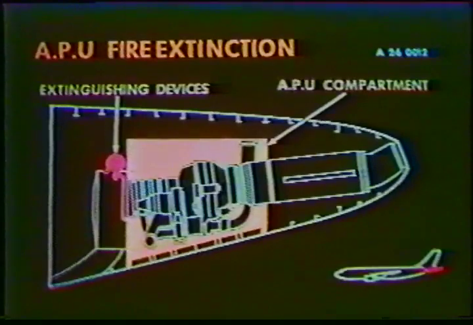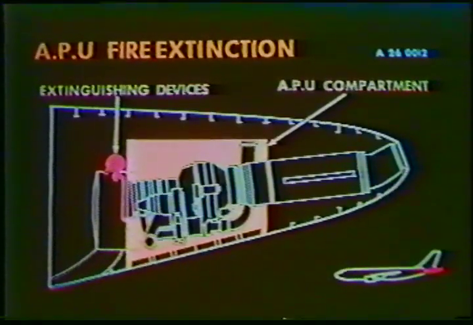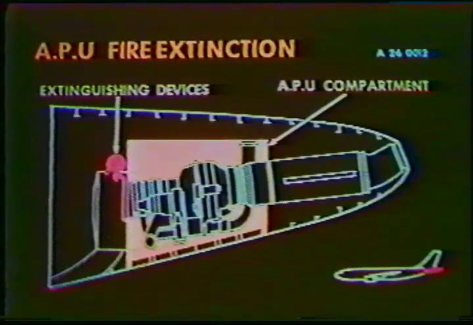After the fire handle is pulled, it may be rotated in order to discharge the fire extinguishing bottle. This bottle is similar to the bottles used in the cargo and engine fire protection systems. The bottle is mounted on the forward side of the firewall of the APU compartment. Here is the bottle installation.